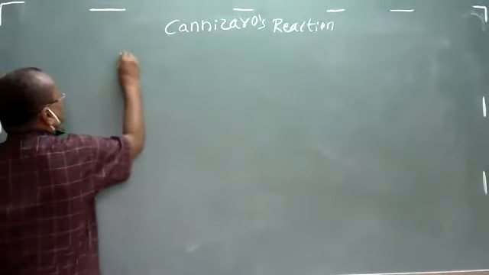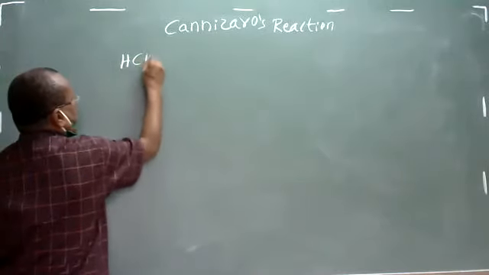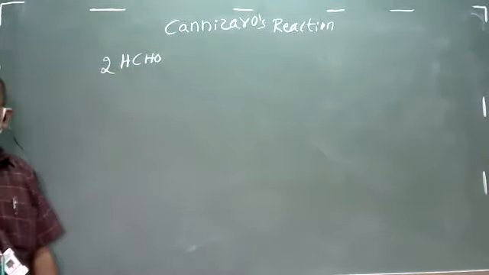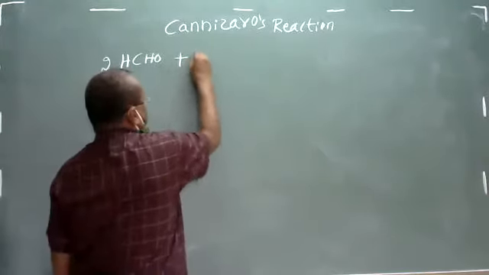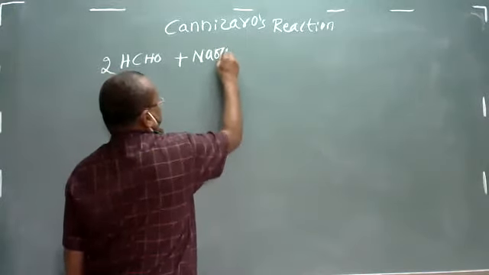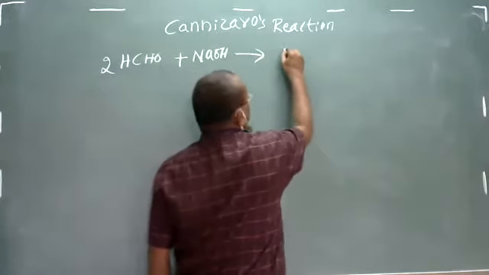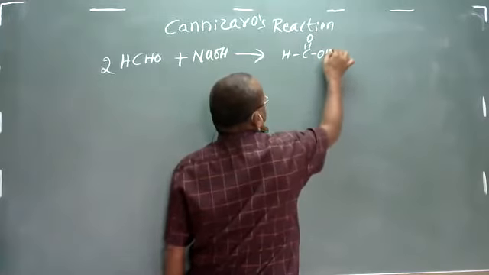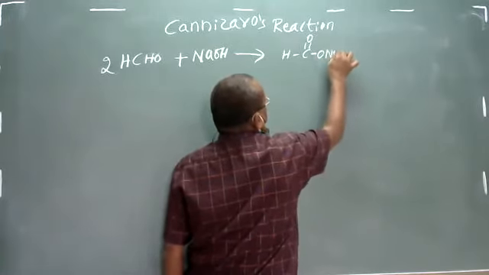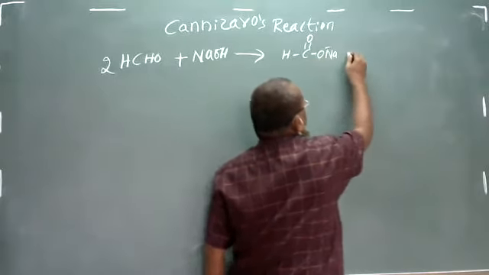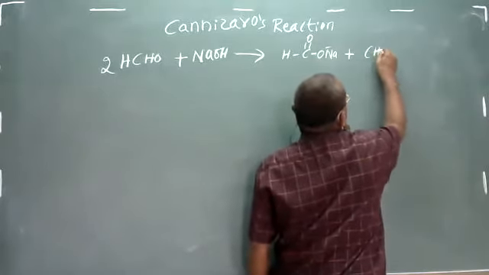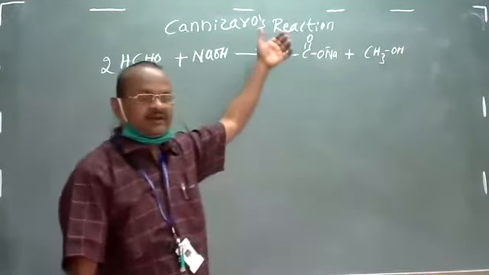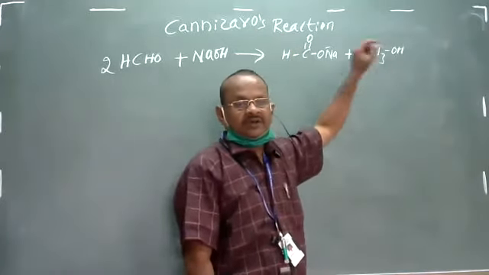So for example, if I take formaldehyde, that is, 2 molecules of formaldehyde react in the presence of a base, sodium hydroxide. It forms the carboxylate ion and a carboxylic group, and it forms an alcohol.